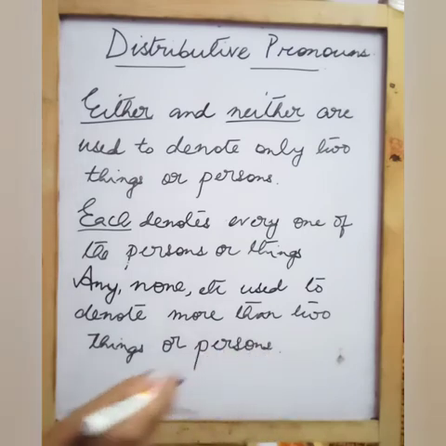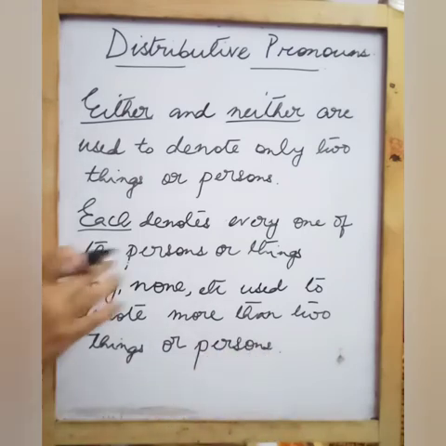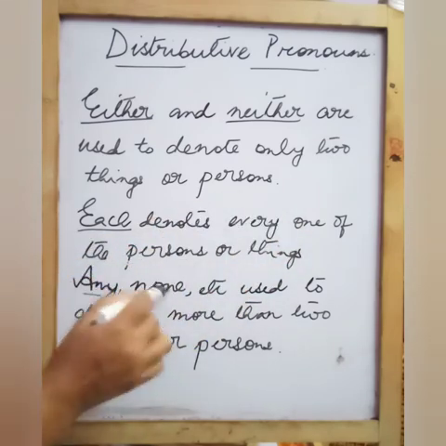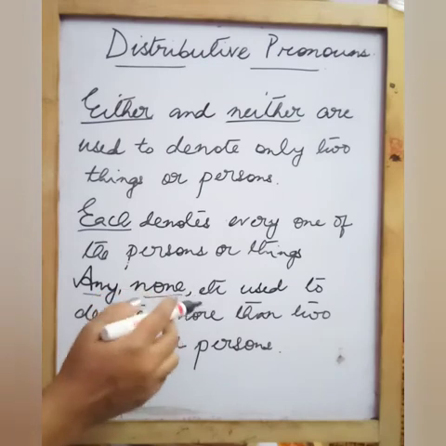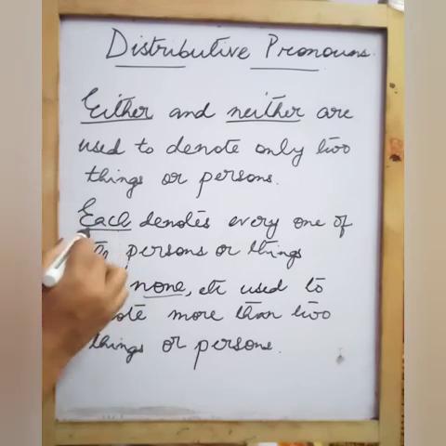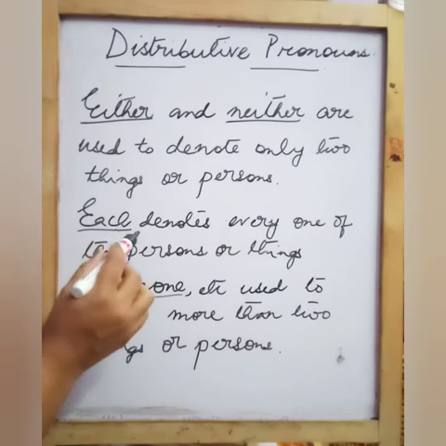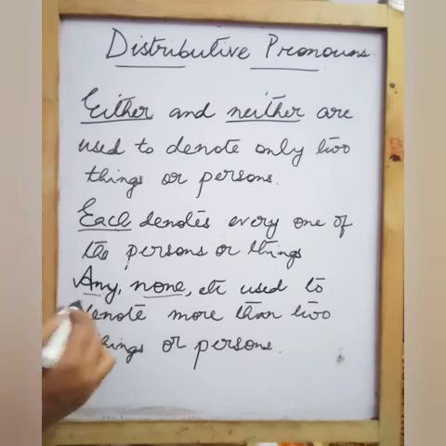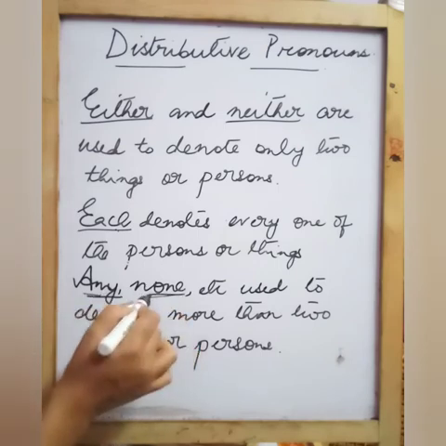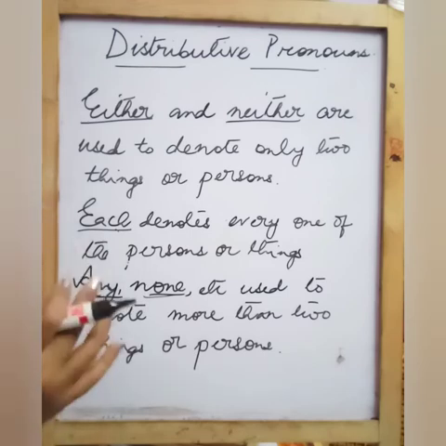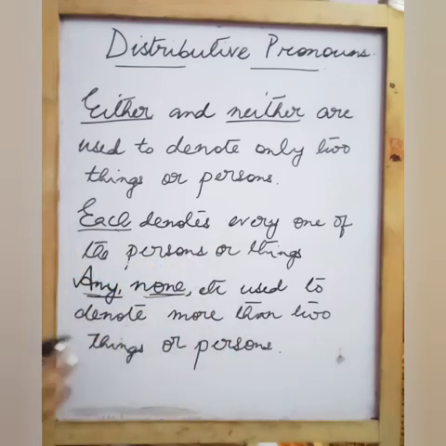When we say any, none, in a sentence where we have many things, alright, then we can use any, none, but either and neither are used only for 2 things or 2 persons. When we use the distributive pronoun each, it means that we are talking about each and every one. Fine. And any and none are used to denote when in a group there are more than 2 things or persons.